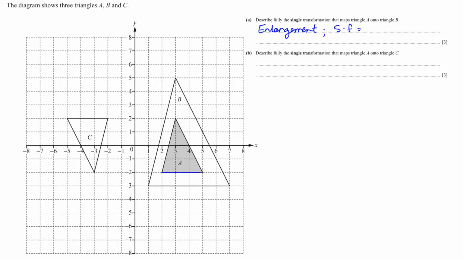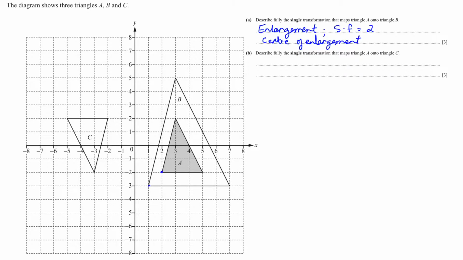This base has 3 squares, correct? And the corresponding base has 6 squares. So it is enlarged by 2. 3 multiplied by 2 will give you 6. Now we have to find the third thing, which is the center of enlargement. To find the center of enlargement, we are going to join the corresponding points together.